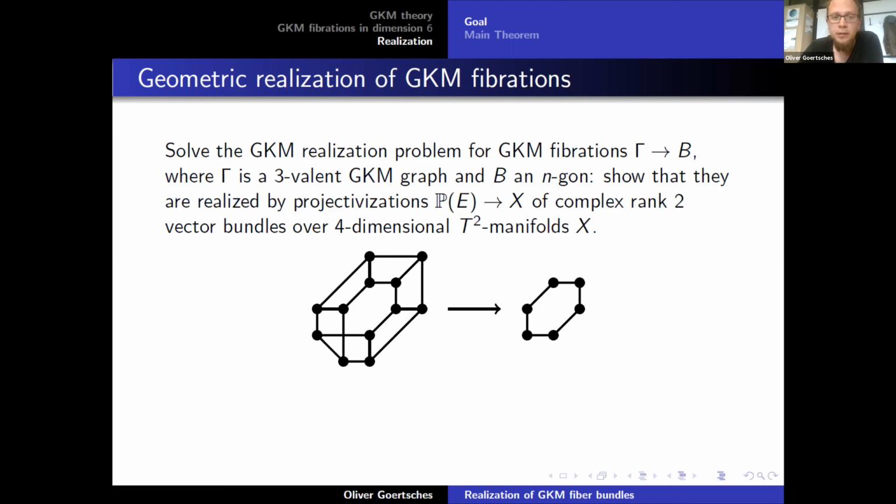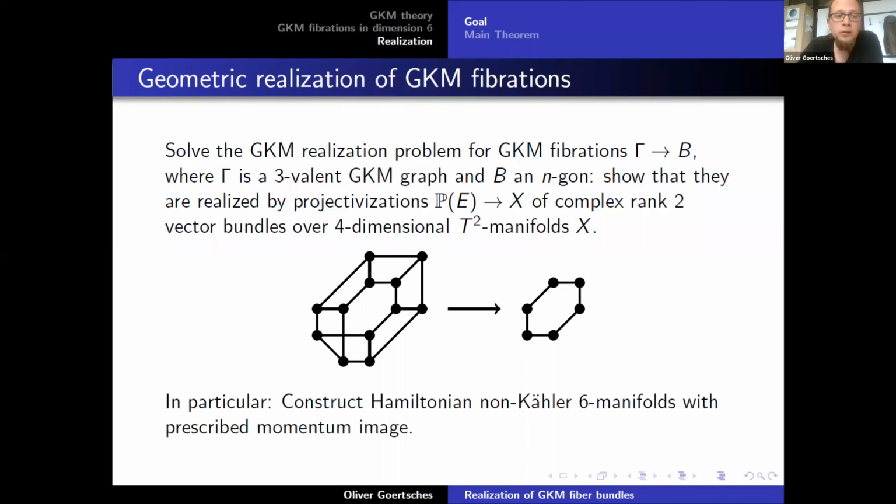Right? So this is GKM theory here, but in the end, we also want to construct geometry on this, in particular a symplectic structure. In particular, what we want to do with this idea is to construct Hamiltonian non-Kähler 6-manifolds with a prescribed momentum image. Right?